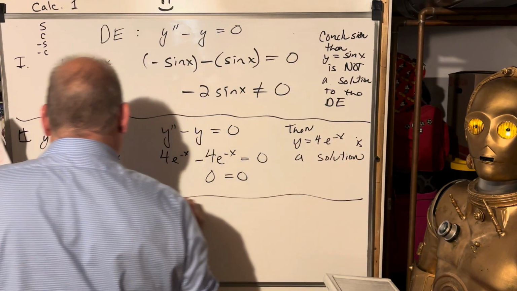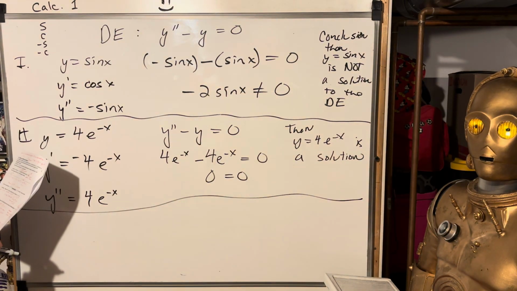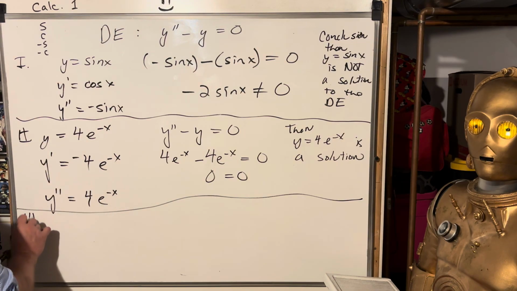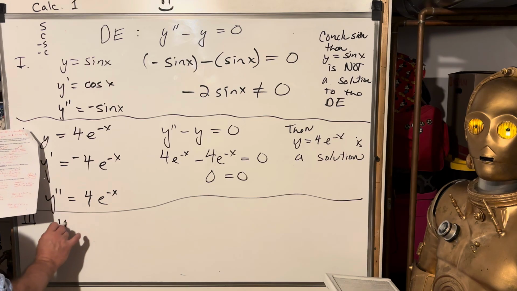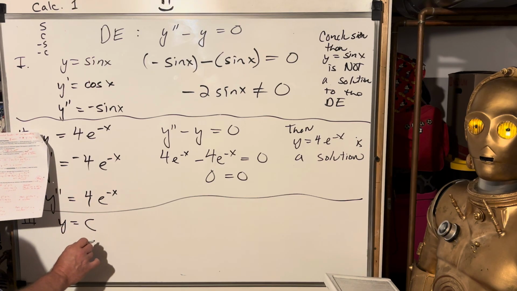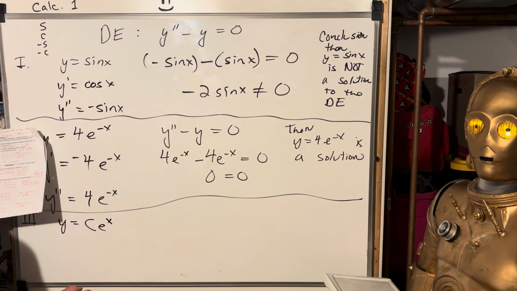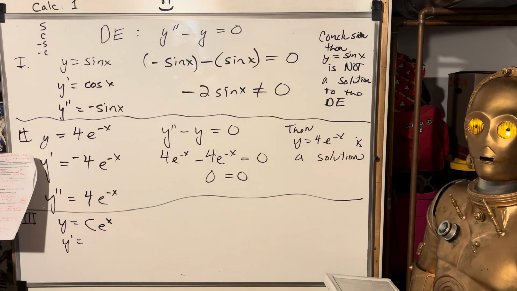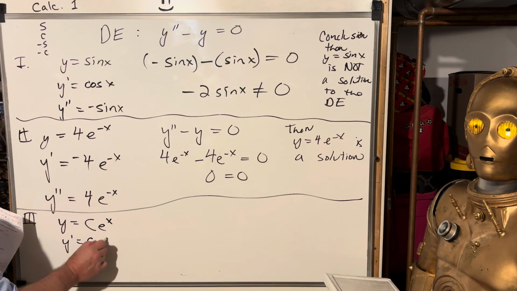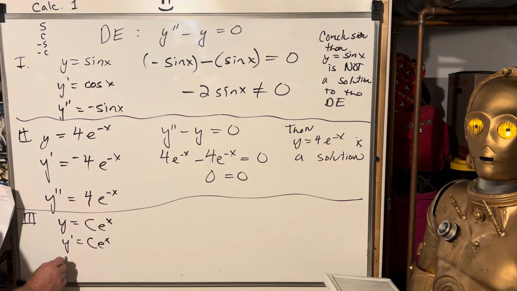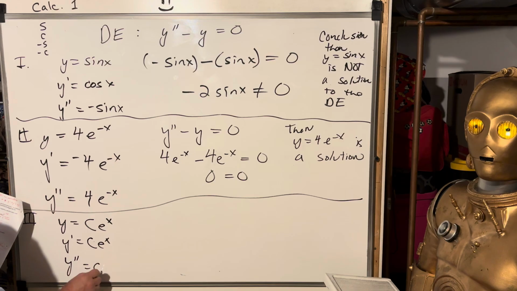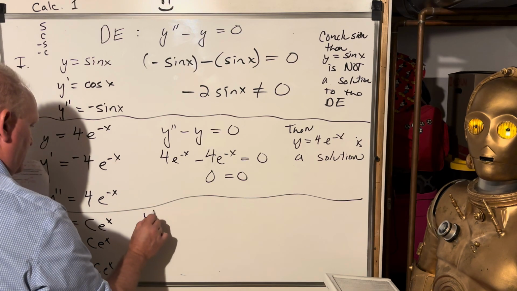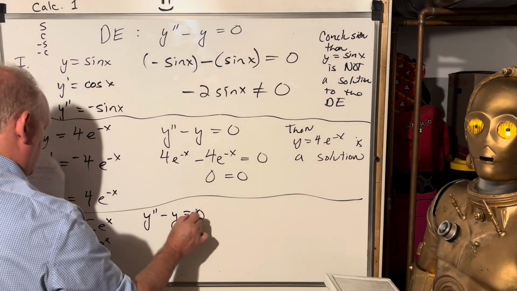And then for the third one, they want us to show for any constant c that this is always going to work. If you put in any number here and then e to the x, any number would work. So y prime would just be c e to the x times 1, right? So that's just that. Y double prime is c e to the x again. And so y double prime minus y, does that equal 0?